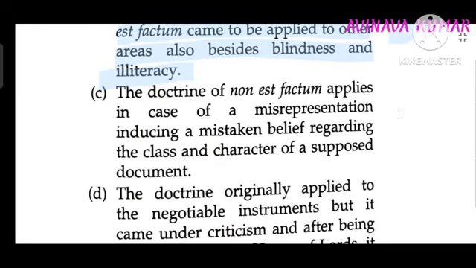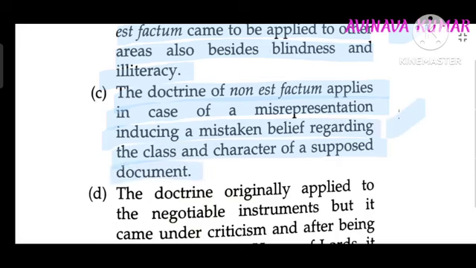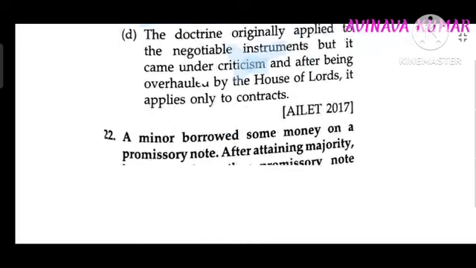This one is right. Doctrine of non est factum applies in the case of misrepresentation, inducing the mistake, belief in regard of class and character of supposed document. This one is right. This one is wrong.